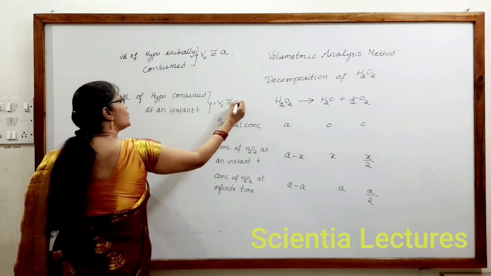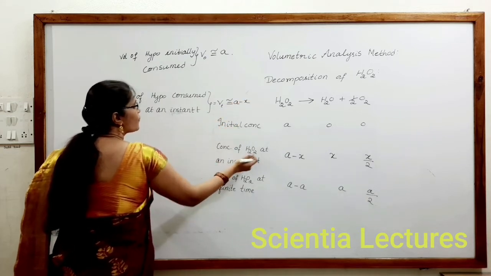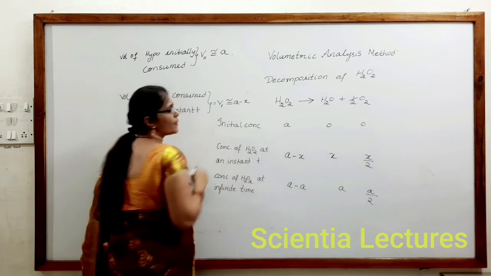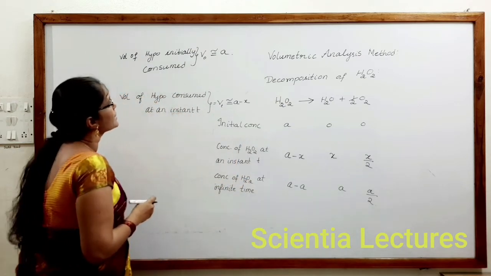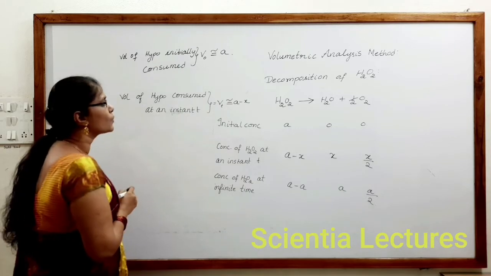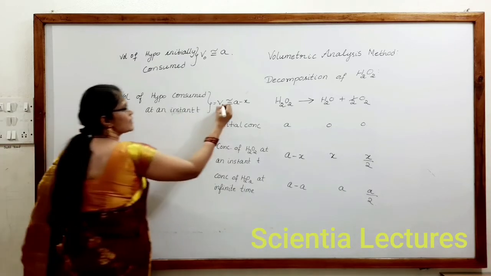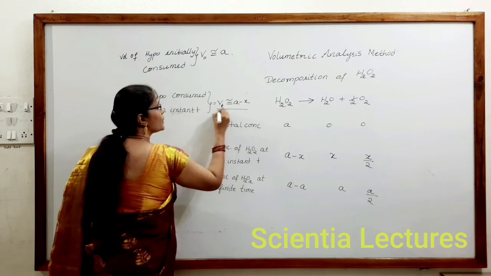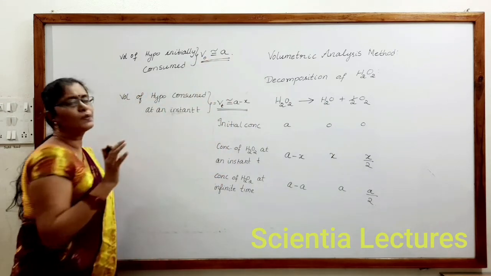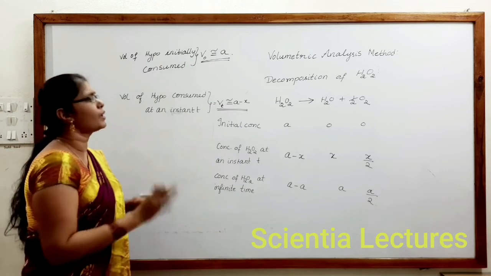This is equivalent to A minus X, because the concentration of H2O2 present at an instant T is A minus X. So Vt is equivalent to A minus X, and V0 is equivalent to A. This will be the information given to you in the problem.